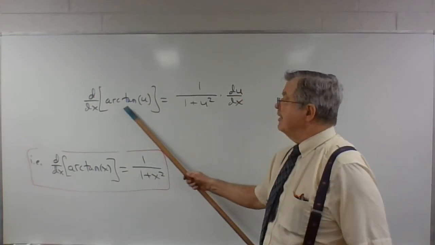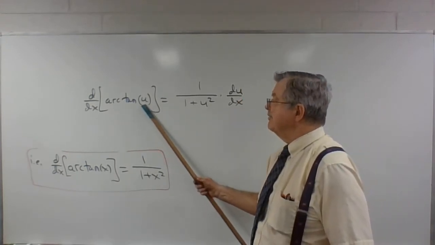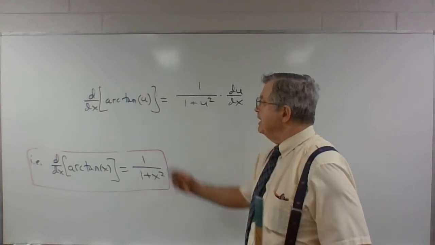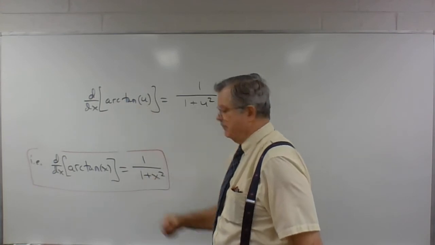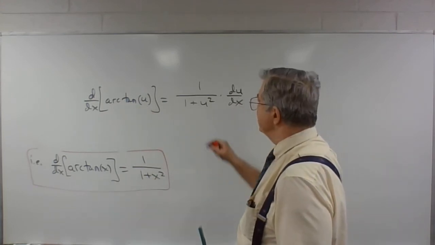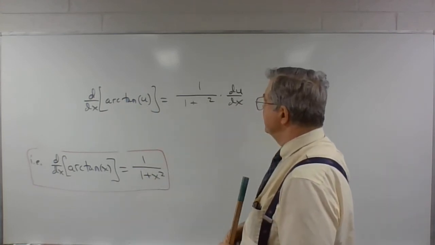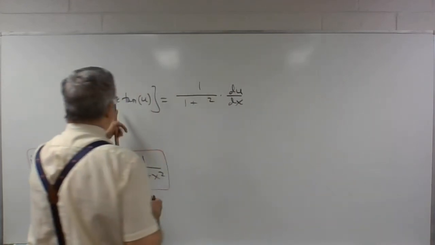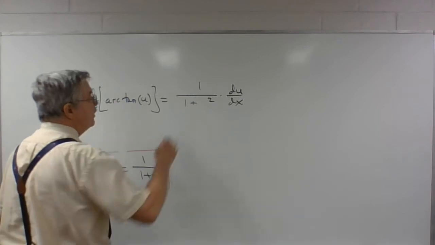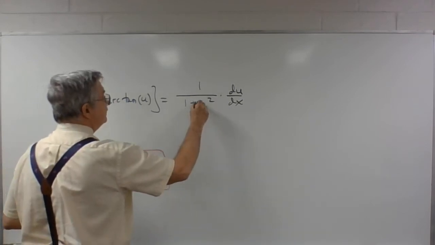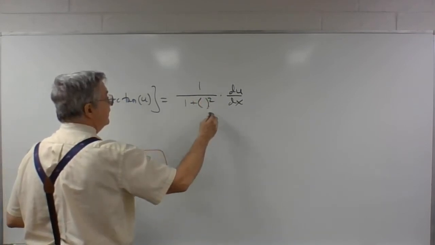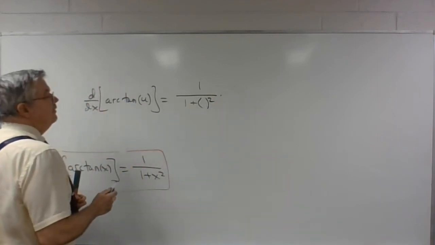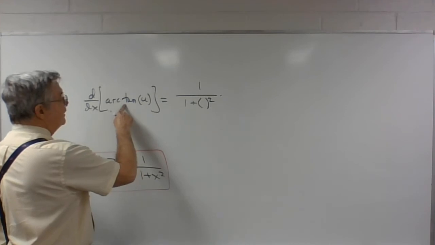Suppose that we have arctangent evaluated at a function of x rather than just x. That makes this a composite function. And what that means is that we're going to get the derivative of the outer function, 1 over 1 plus something squared. This is the derivative of the outer function.